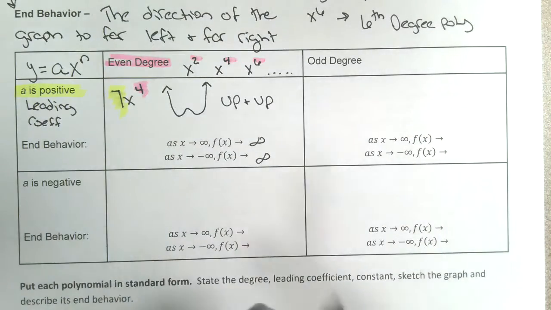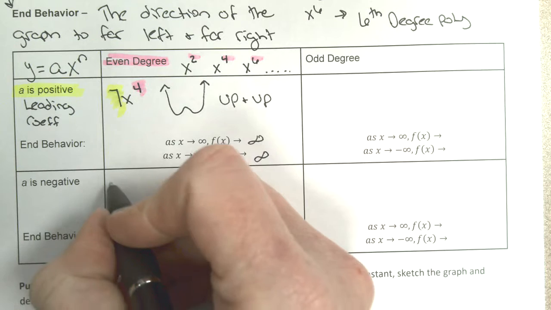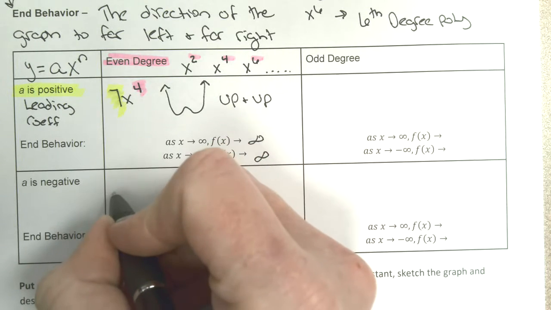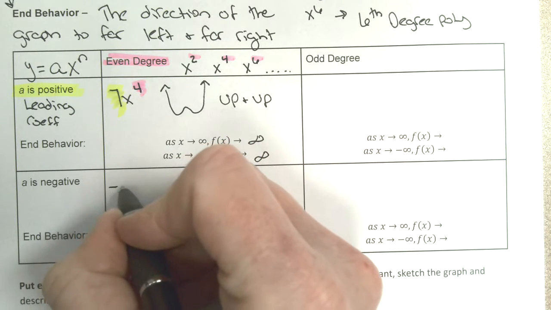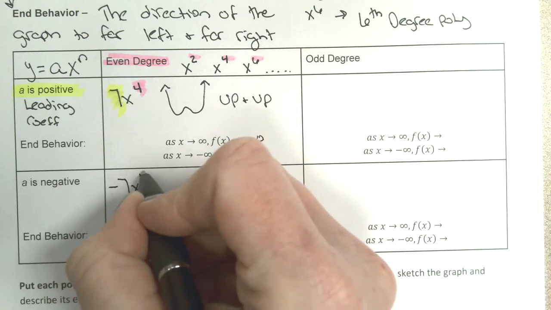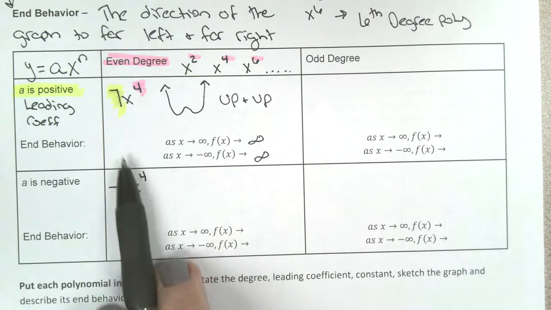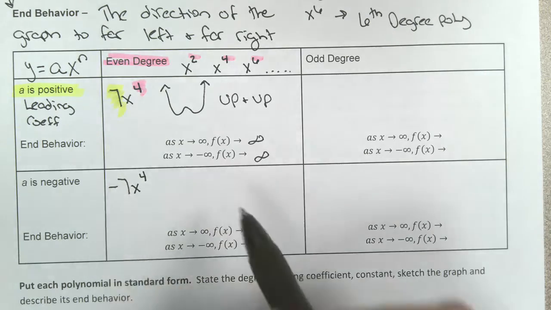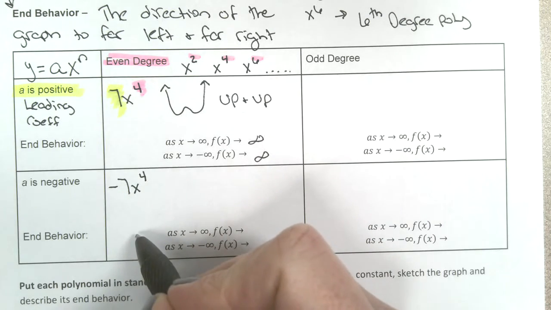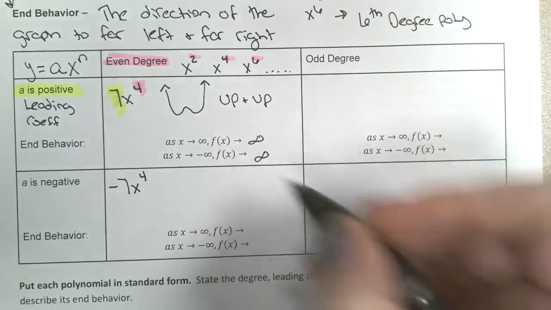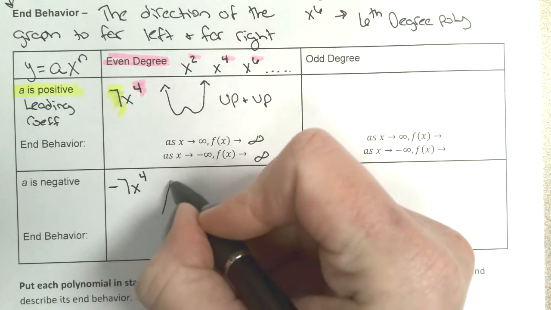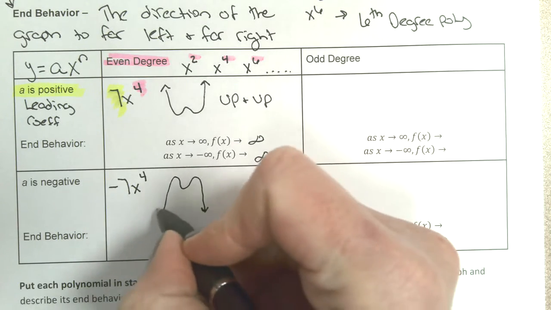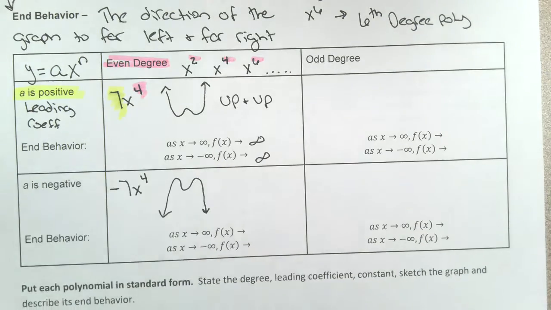So hopefully you remember what would happen if I just flipped it and I made that negative 7x to the 4th. Do you remember what changing it to a negative did to a parabola? Remember how it flipped it down? Well, it does the same thing here. So now it'd go probably something like that.